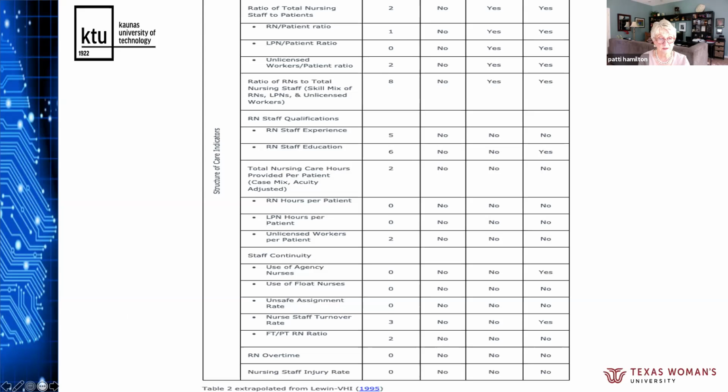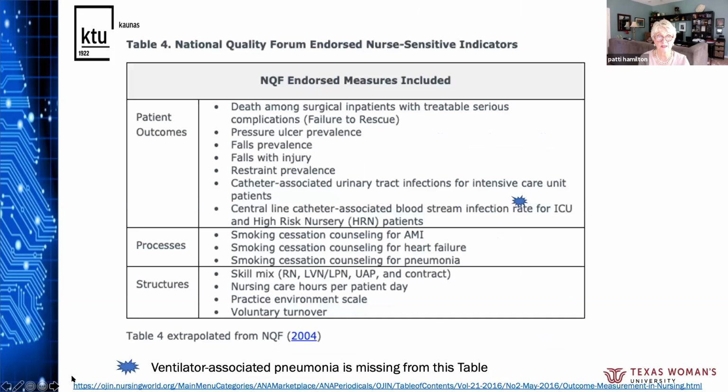So Terry did start with the history, and I thought that was fascinating. But we move on in time, and we were doing a little better. Here we have the National Quality Forum endorsed measures that were going to measure nurse-sensitive indicators. This came after that first effort.